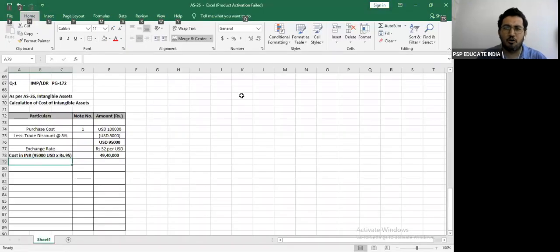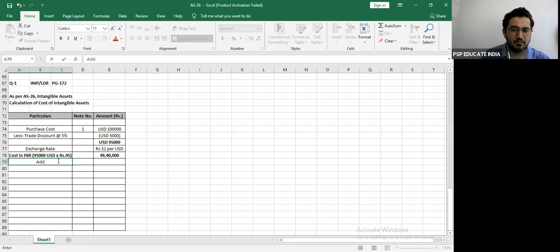Okay, everyone on your chat box. Will you import first or will you pay local purchase tax first? What happens first? Imports or local purchases? Of course, import will happen first. First, you will import.